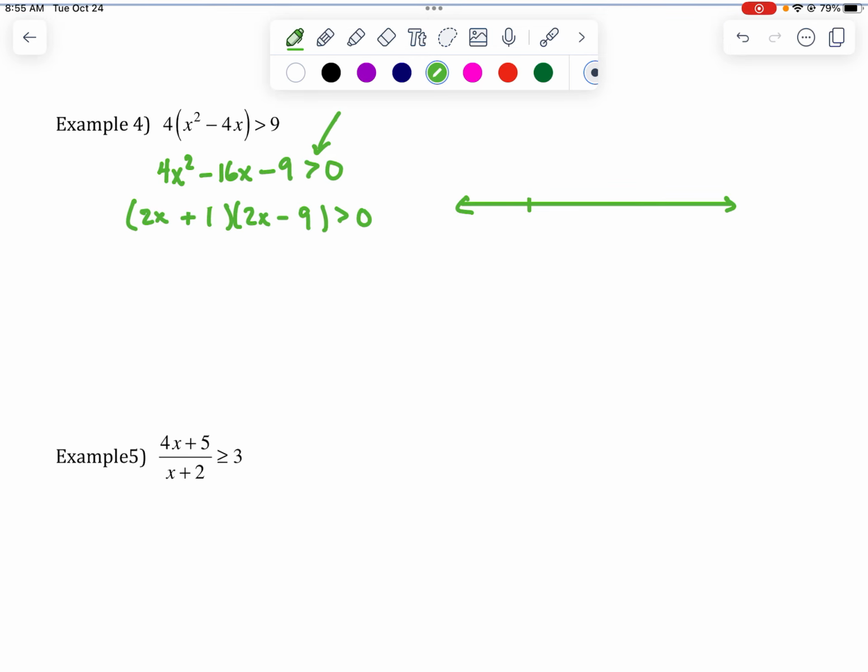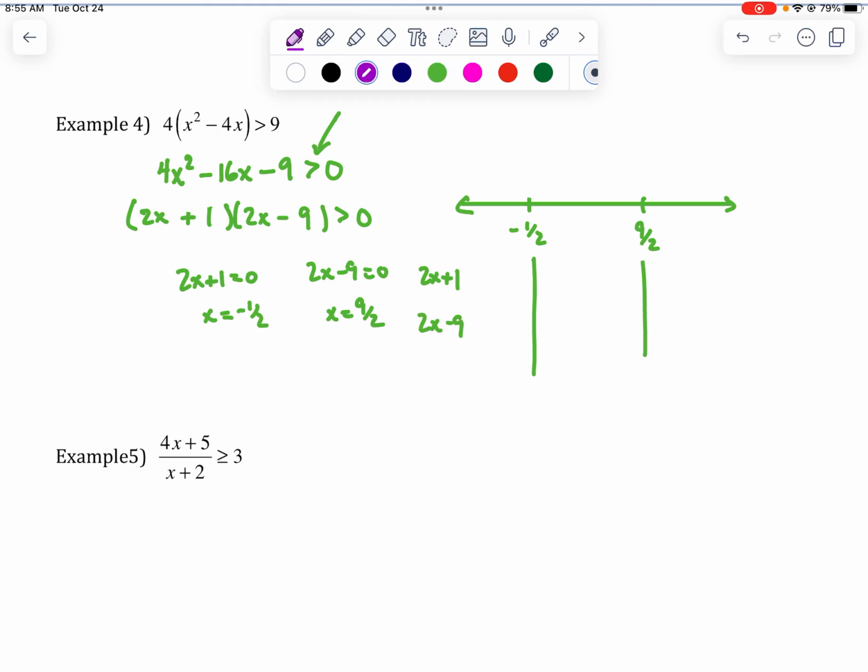So then, when I set 2x plus 1 equal to 0, I'm going to get a 0 at negative a half. And then 2x minus 9, I'm going to get a 0 at 9 halves. So over here at 9 halves. And so then I make my chart. So this one's pretty quick since it's just a couple of factors.